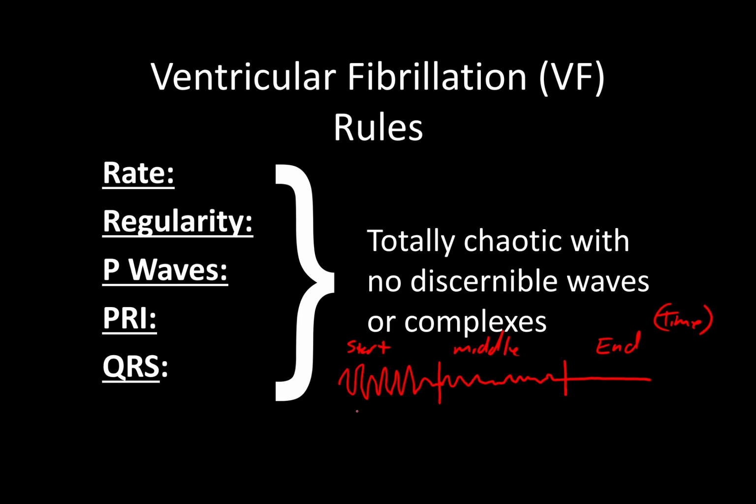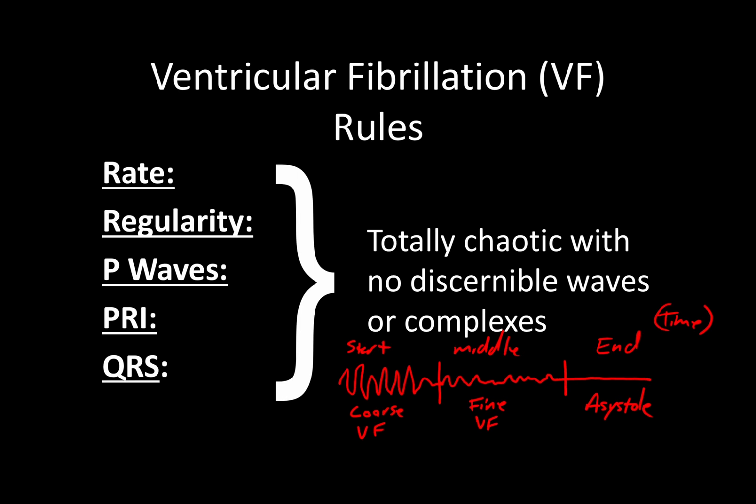The way we differentiate these is that we say coarse VFib, fine VFib, and asystole.